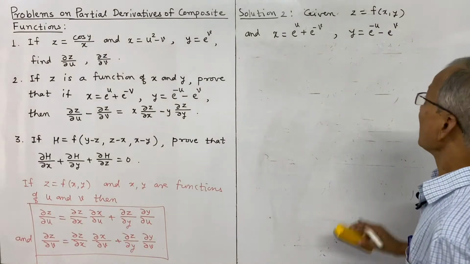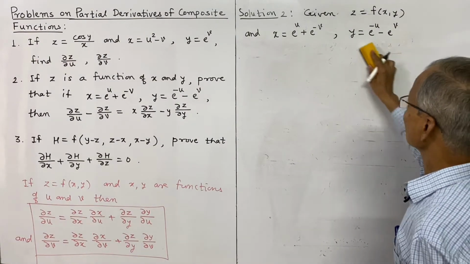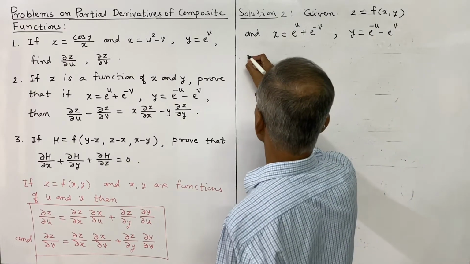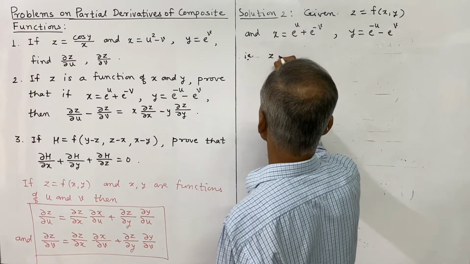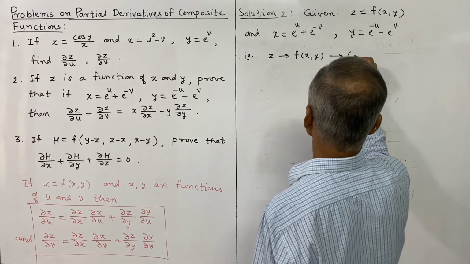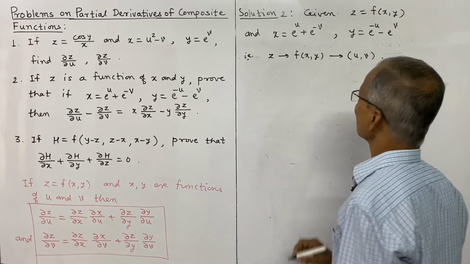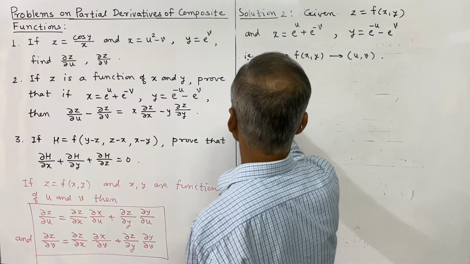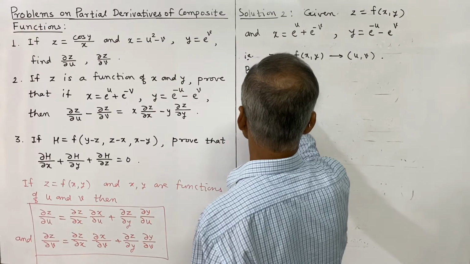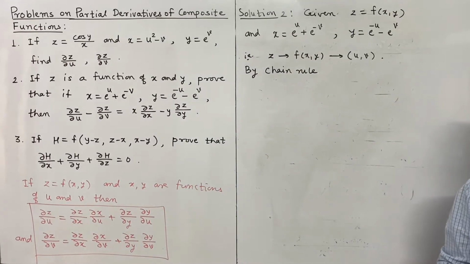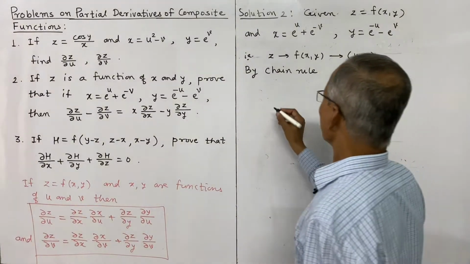And therefore by the chain rule, that is, z is a function of x and y, and x and y are functions of u and v, and therefore by chain rule, this is the chain rule, we shall write by chain rule of partial derivative of composite functions.